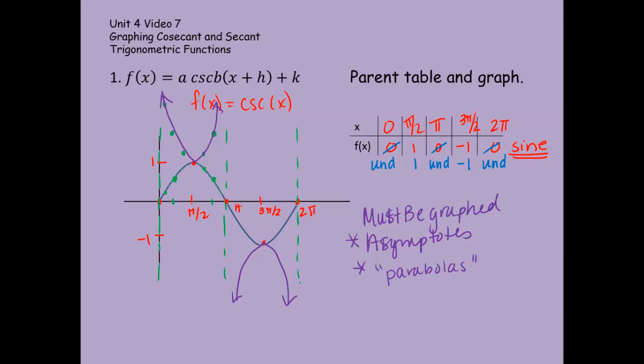Those have to be graphed. Your asymptotes and those U-shaped parts. The sine curve does not have to be graphed, okay? That's just to help you locate those points. Let's go ahead to another one.